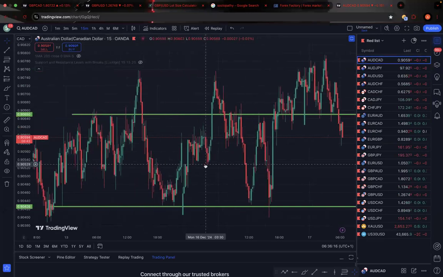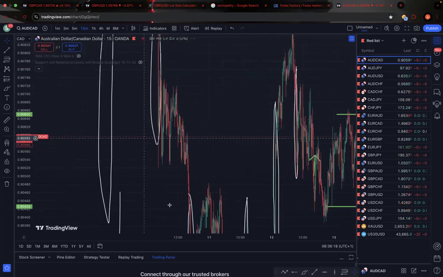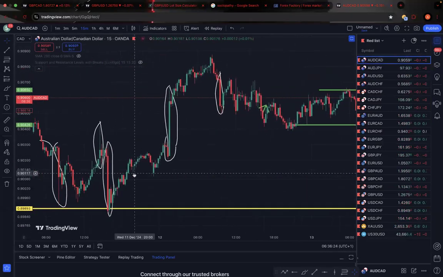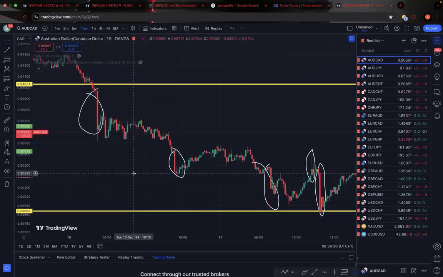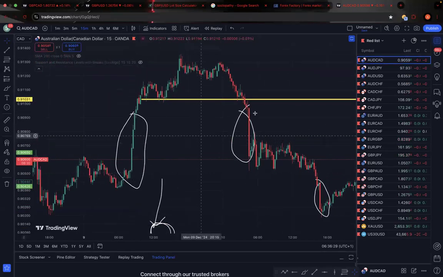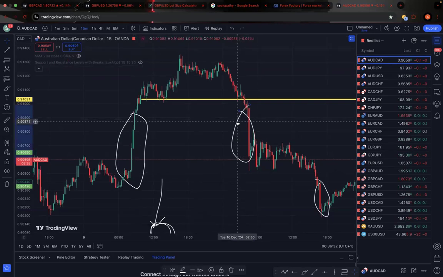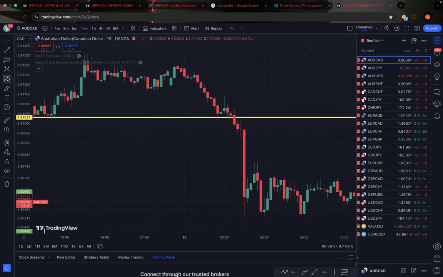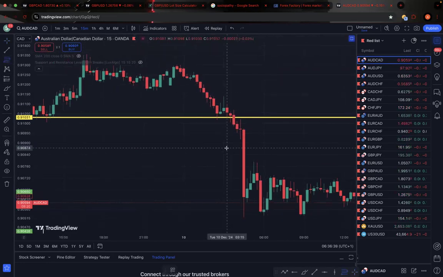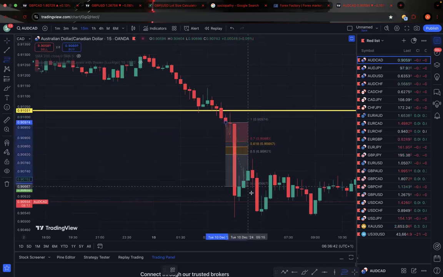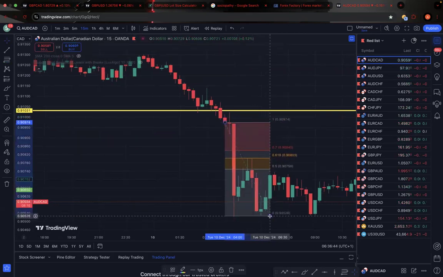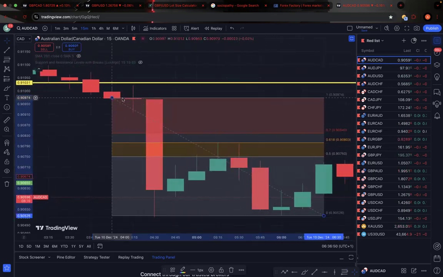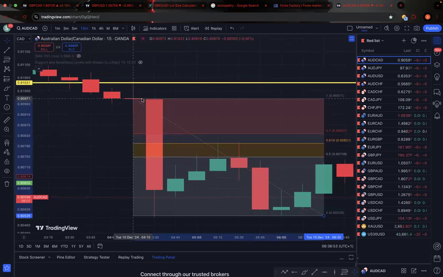Let's go back in time. Let's assume that every time after a news like this, if you use Fibonacci retracement tool, the moment the market retraces, look at this particular candle that formed this drop.